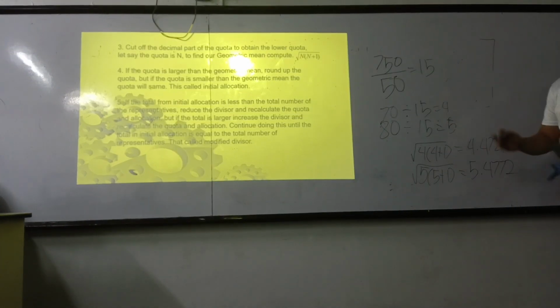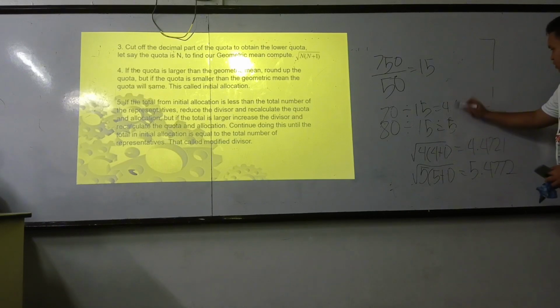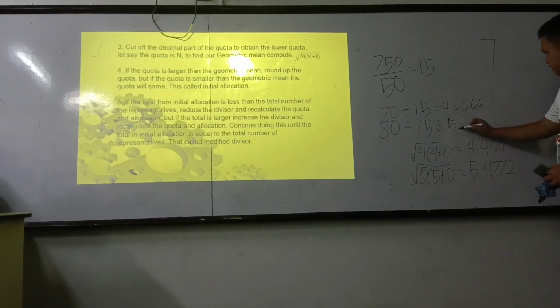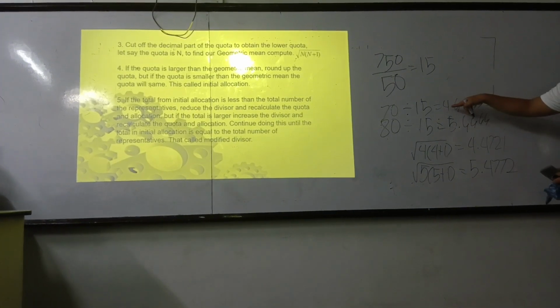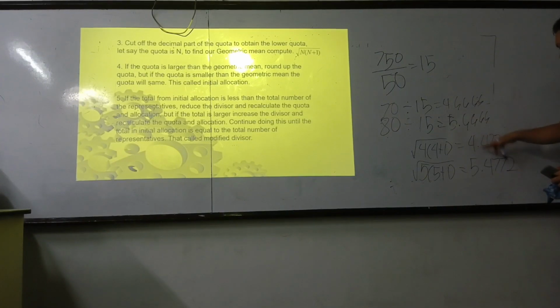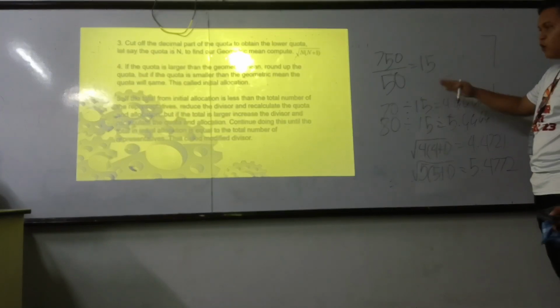To find the initial allocation, let's say this is 4.666 and 5.666. This is our quota. This is our geometric mean. This is our lower quota. This is the geometric mean. So in this case, our quota is larger than the geometric mean, so let's round up.